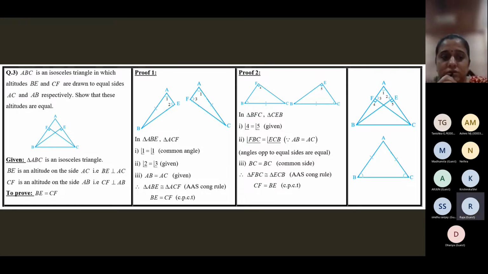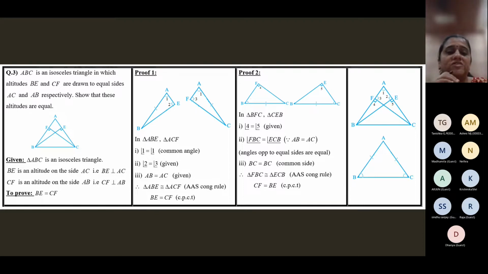The information given is that ABC is an isosceles triangle. And what are the line segments BE and CF? Ma'am, they both are perpendicular. Okay, so they are altitudes. BE is the altitude to which side? AC, ma'am. And CF is the altitude to AB, ma'am.